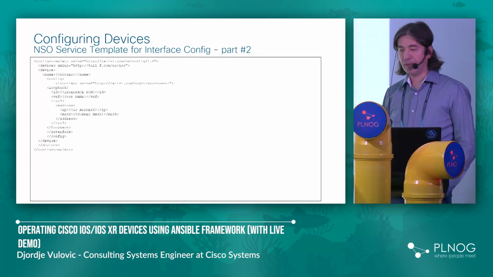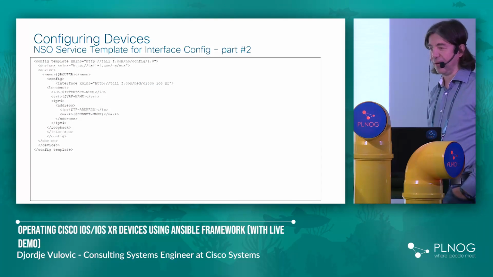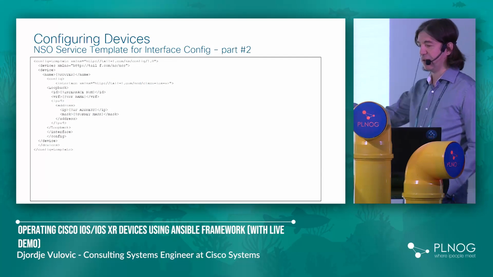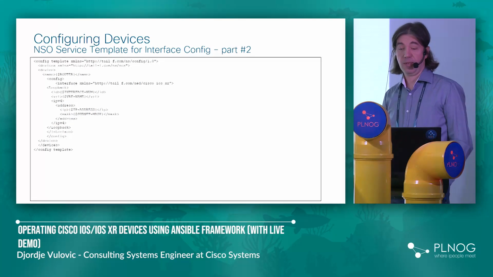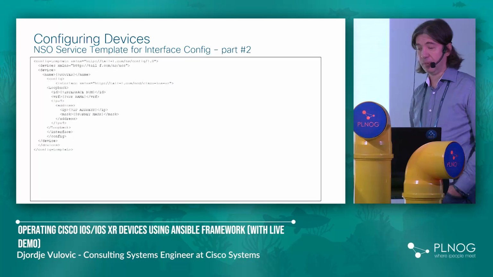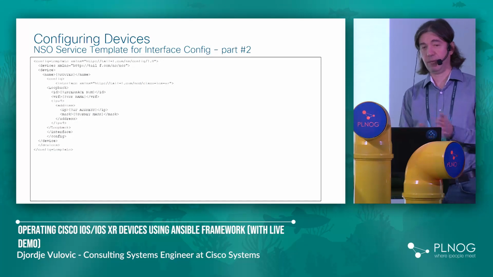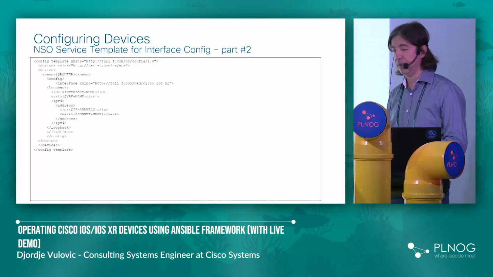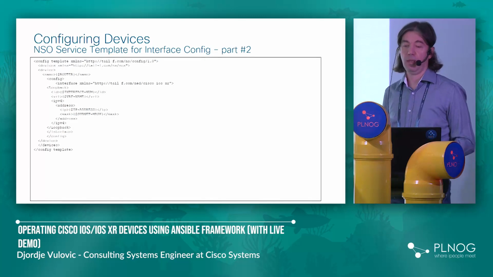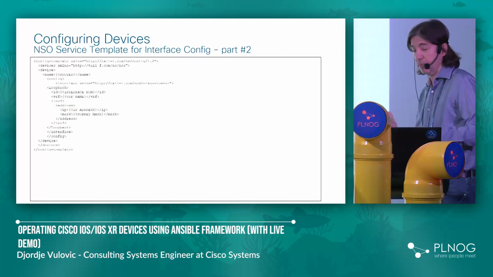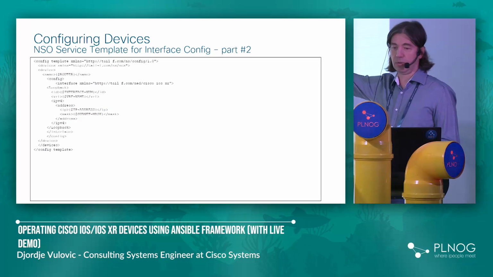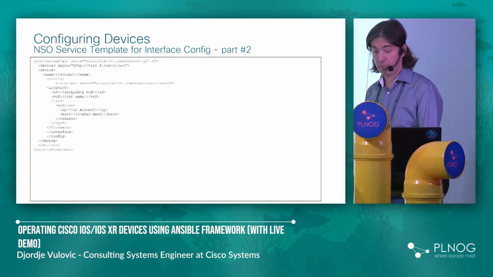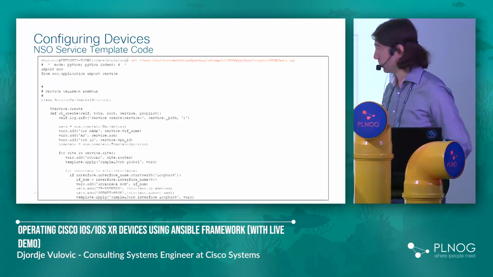Unfortunately, these modules, in conjunction with IOS XR, are not that hardened. So yes, they can work, but if you go a little bit left and right, you will very easily come to a certain error, which of course can be troubleshot and fixed. But when you use a formal encoding like XML, you don't have any of these problems.